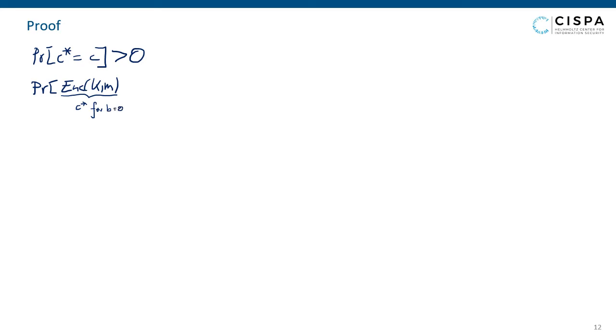The probability that this is C is, by our assumption, greater than the probability that the encryption of M prime equals C, which is of course greater or equal 0. So we get that the challenge ciphertext C occurs with a non-zero probability.